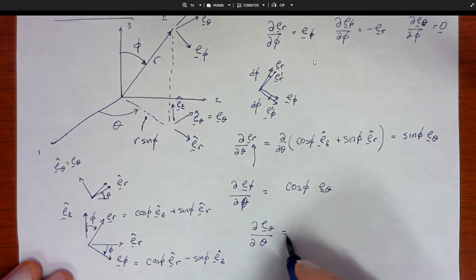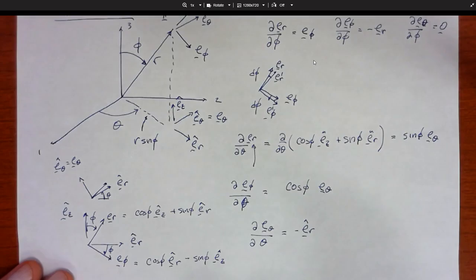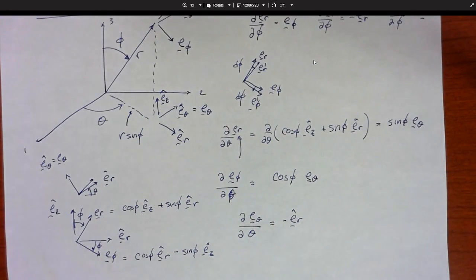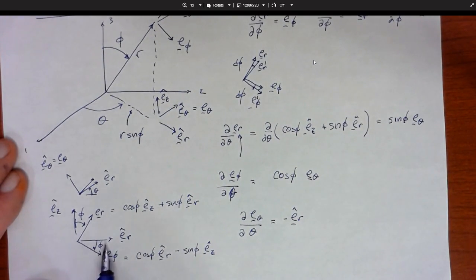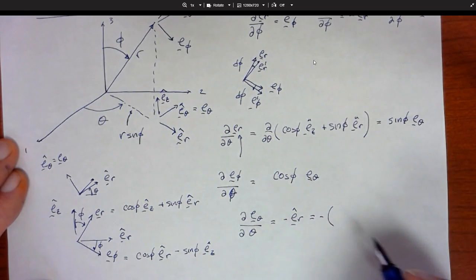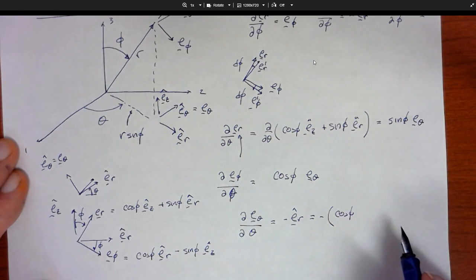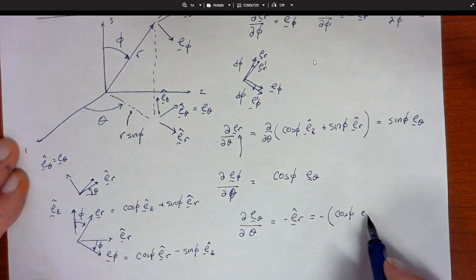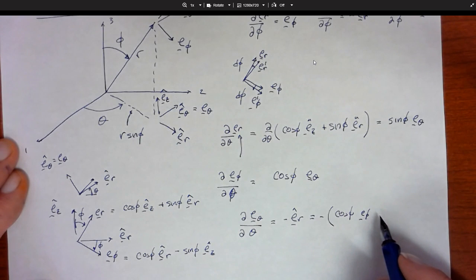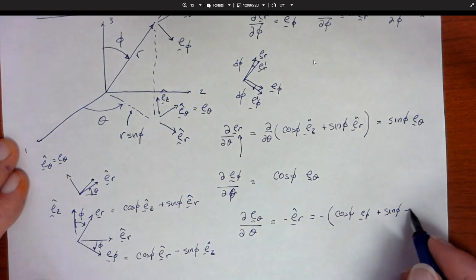Now we don't want it in terms of hat, but we know how to express that in terms of E phi and ER. So minus ER hat is going to be cosine phi in the E phi direction plus sine of phi in the ER direction.